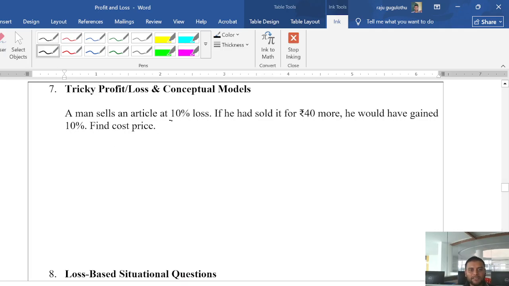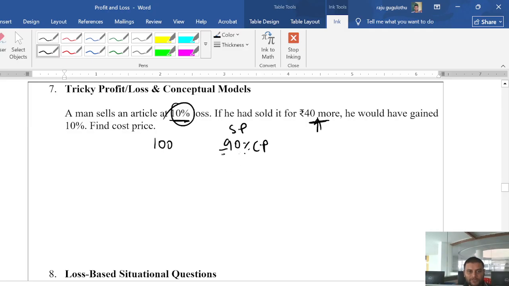So he's selling at 10% loss. Then I can say, if 100% is the CP, we are selling at 90% of CP. This is the selling price because we are observing 10% loss. If we had sold it at 40 more, this is in rupees, guys, this is in percentage.